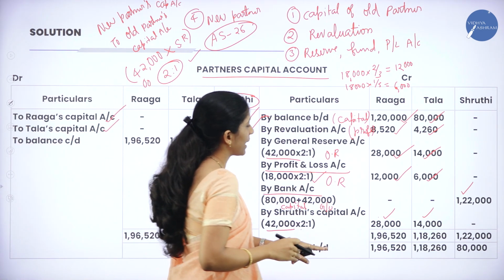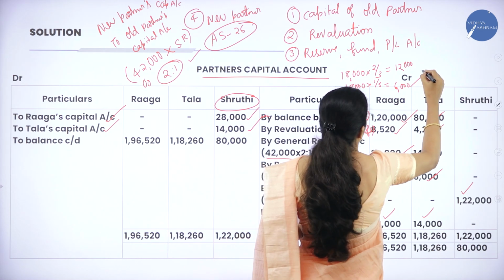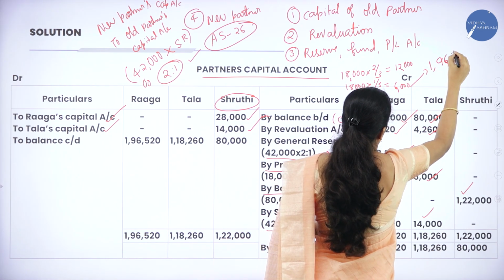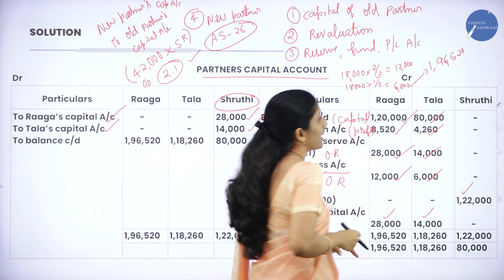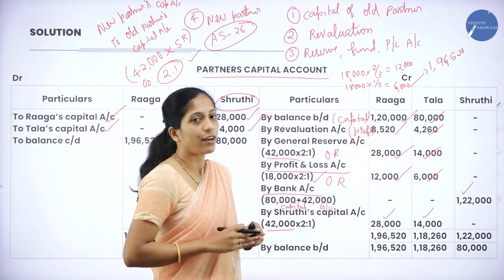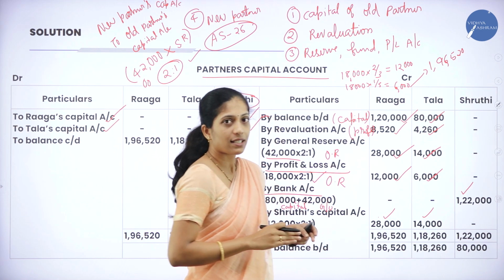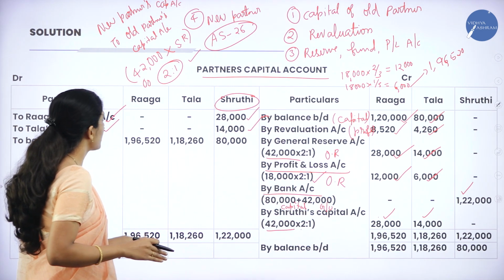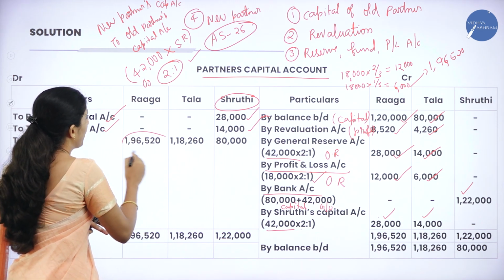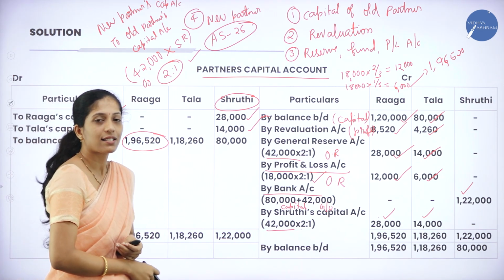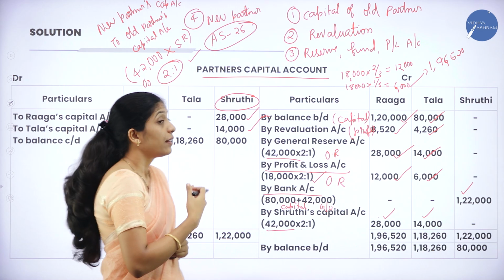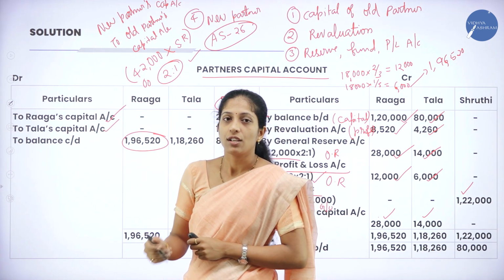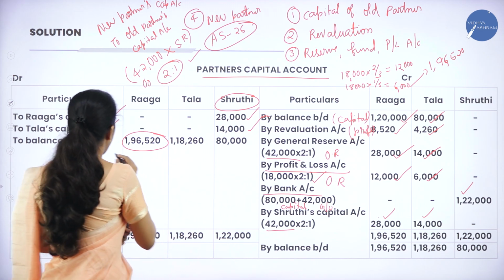But on the credit side, the total of Raga is 1,96,520. So 1,96,520 is greater. Write 1,96,520 on both sides, minus 0. So the balancing figure is 1,96,520. Now we have to carry down that amount. This is the balancing figure.